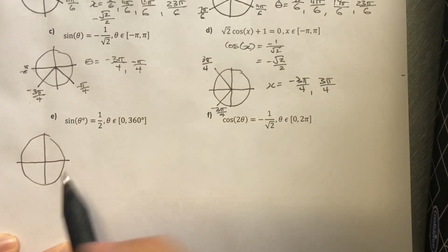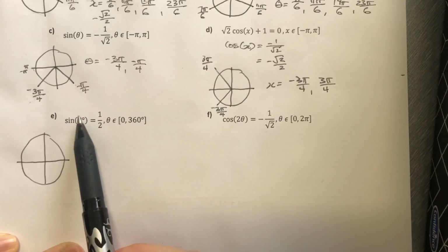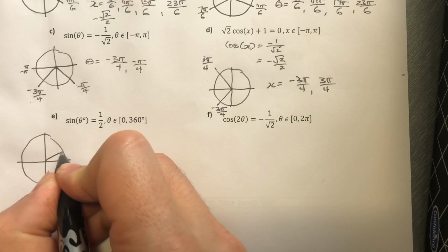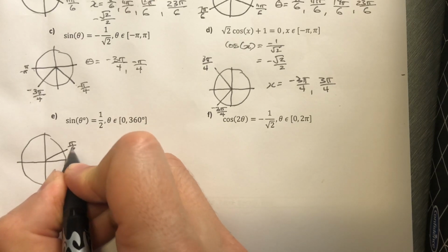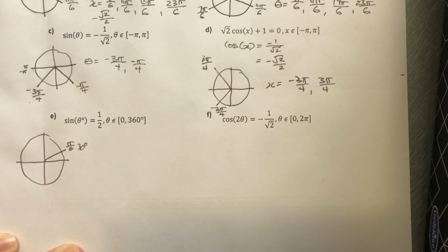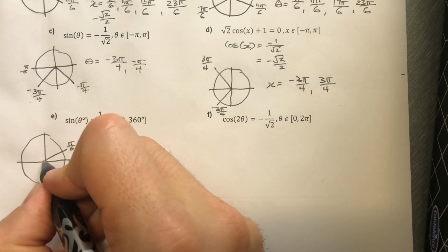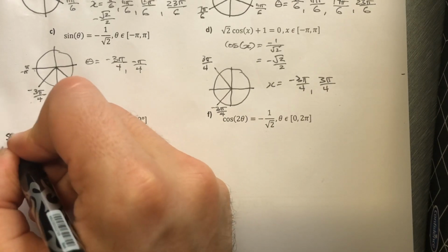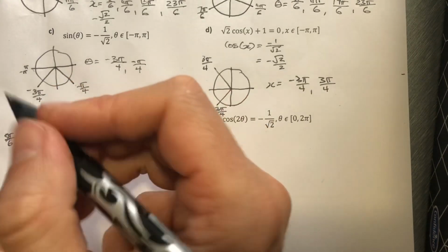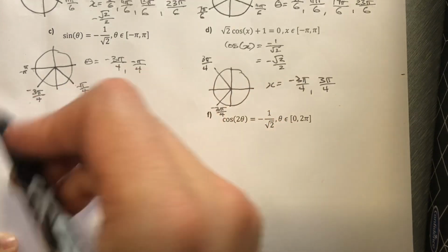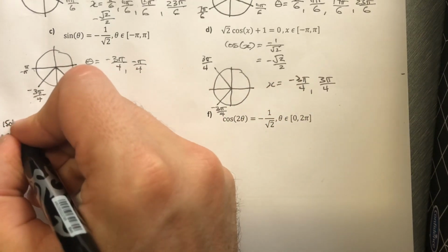So I'll ask myself, for what angles do we get our sine length 1/2? That's going to be pi on 6, which is here, but we're working in degrees, so that's 30 degrees. The other spot is over here, which is 5 pi on 6, so in degrees it's 150 degrees.